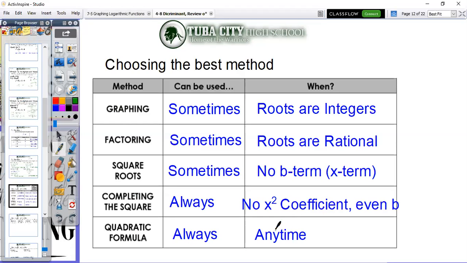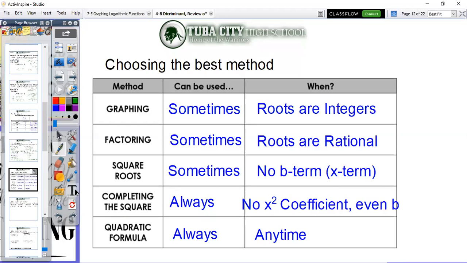It works on imaginary numbers, complex numbers, fractions, and one-solution problems. Literally, it works on anything. But again, the big downside is you have to memorize the formula, or have access to the formula.